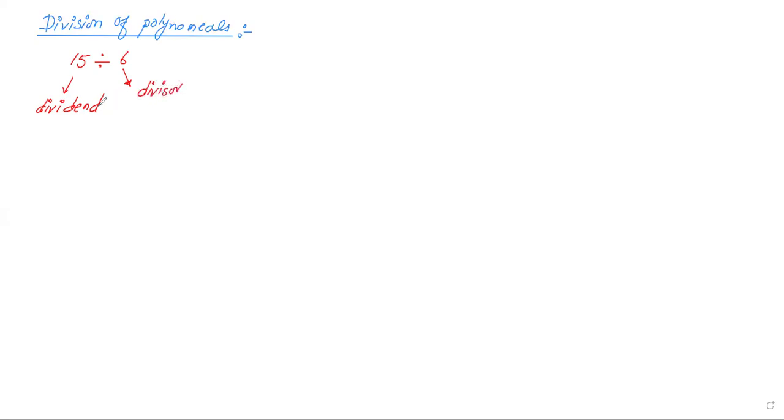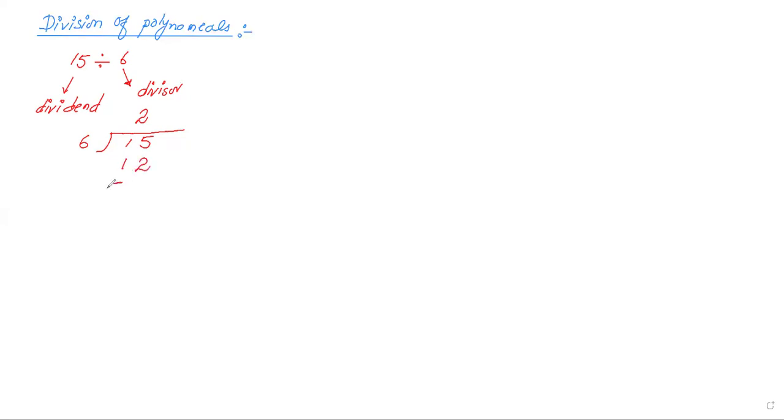In previous classes, we start this by a method called the sign of division. 15, the dividend, you write within the sign of division, and the divisor you write over here. Then you multiply 6 by which number? The answer must be 15 or less than 15. But in the table of 6 there is no 15, so you multiply by 2. 6 twos are 12.